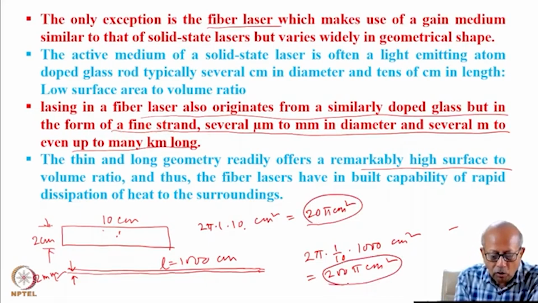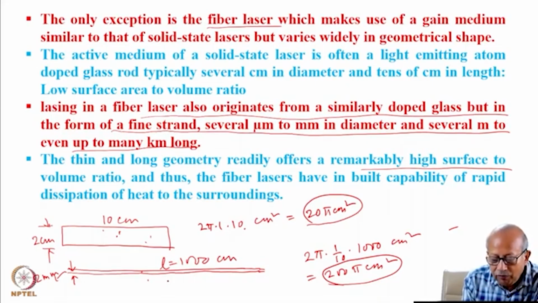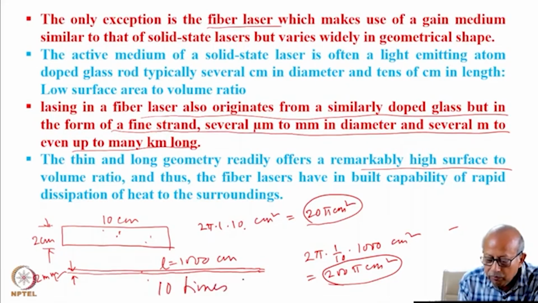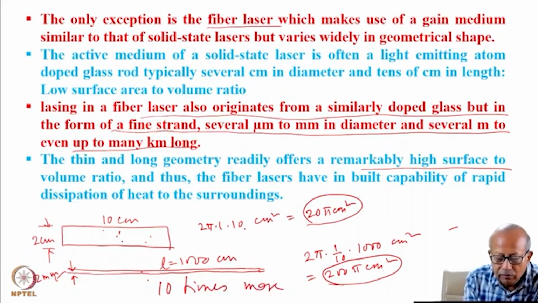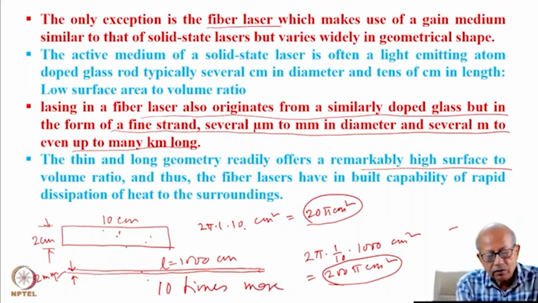So you see, its surface area is 20 pi centimeters square, and this is 200 pi centimeters square. So although their volume is same, this has a surface area which is 10 times more than the surface area of this.